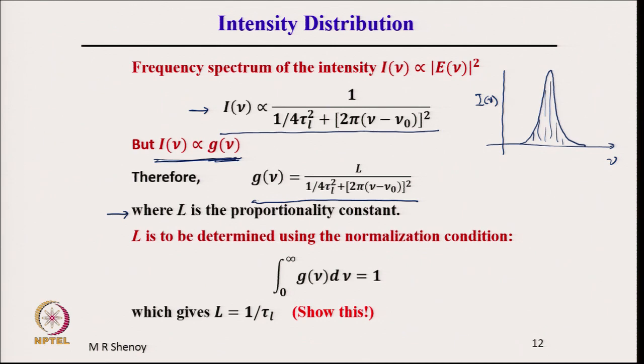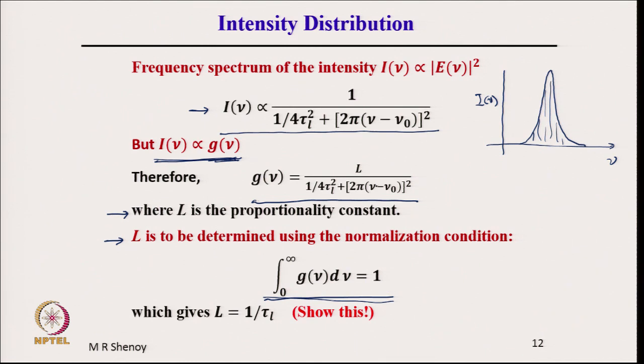Now, how to determine L? We can determine L by using the definition of normalized line function. L is to be determined using the normalization condition, because the normalized line shape function is defined by this equation: integral from 0 to infinity of G nu d nu is equal to 1. That is, the strength of interaction, if we integrate over all the frequencies, is 1, or probability of interaction over all the frequencies is 1.